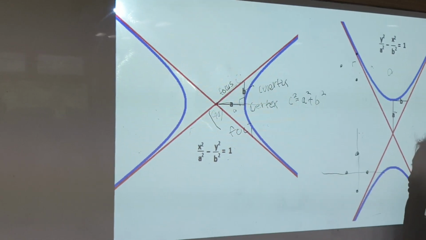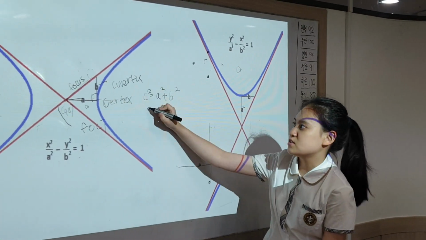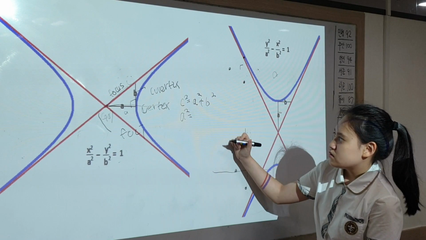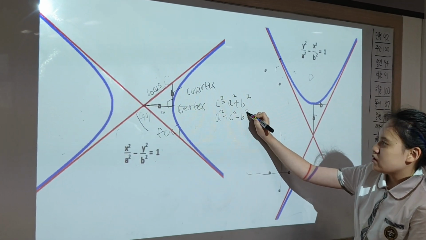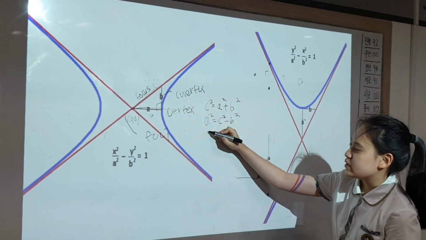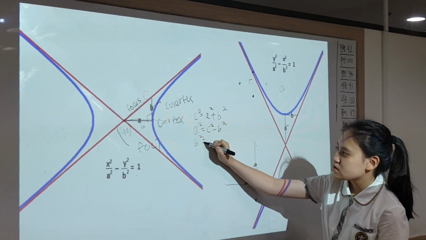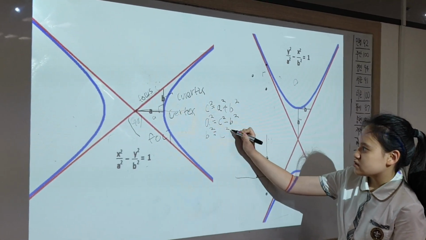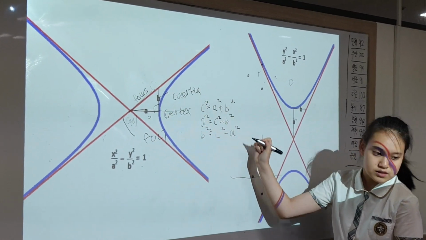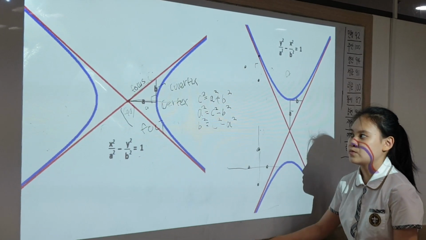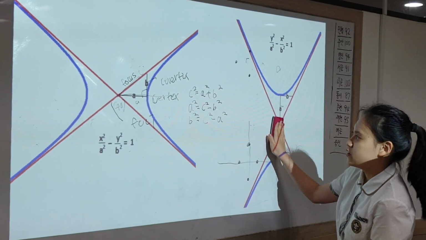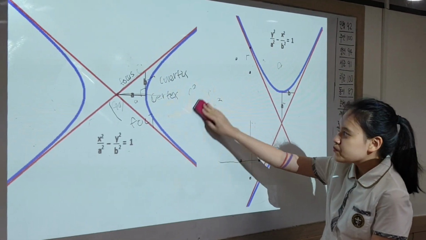If you want to get the value of A, we can say A squared equals C squared minus B squared. And if you want to get the value of B, we can say B squared equals C squared minus A squared. And Singjin will talk about more problems dealing with this. So maybe you will get used to it once you solve the problems.